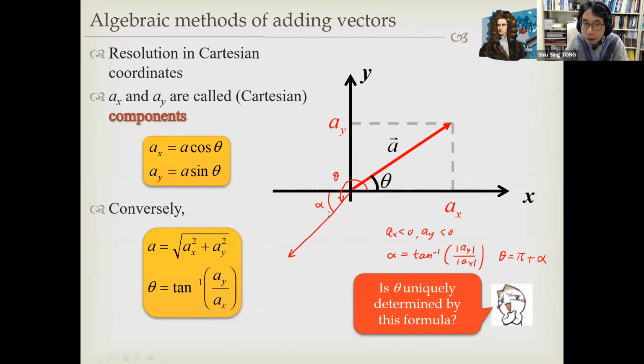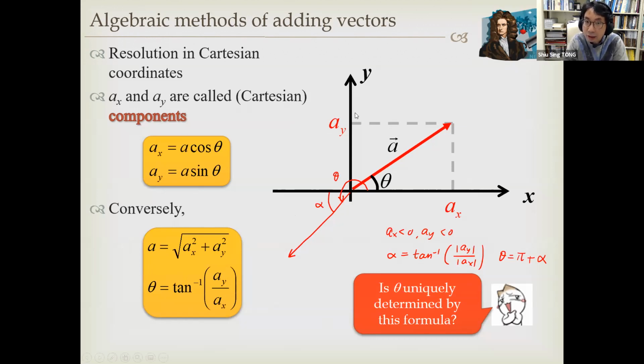Now, in other cases, the angle may be in the second quadrant where AY is positive but AX is negative, or in the fourth quadrant where AX is positive but AY is negative. So you should be aware of these cases, okay?